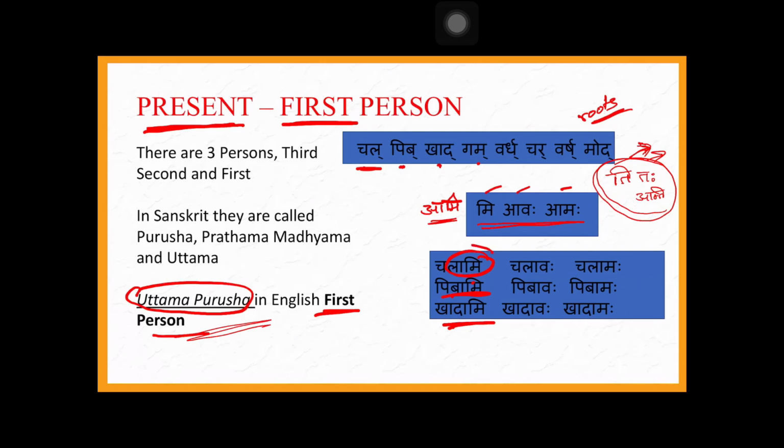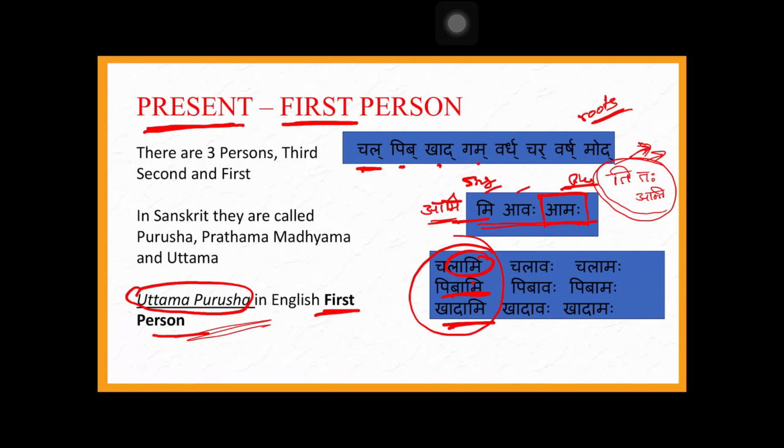Then how to use in plural amaha? You can see over here ami here, amaha in plural, singular and plural. Okay, so amaha, what will happen? Chala amaha, chalamaha, pib amaha, pibamaha, khad amaha, khadamaha.